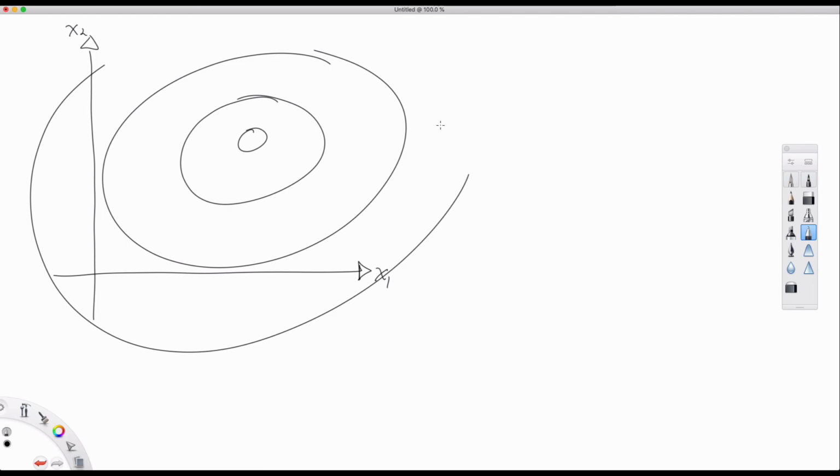Suppose we have a function of two variables, x1 and x2, and the elliptical level sets I've drawn correspond to an objective function, f of x. And let's suppose right here in the middle, this is where we have an unconstrained minimum. But what if we have some constraints? Suppose we have some linear inequality constraints.